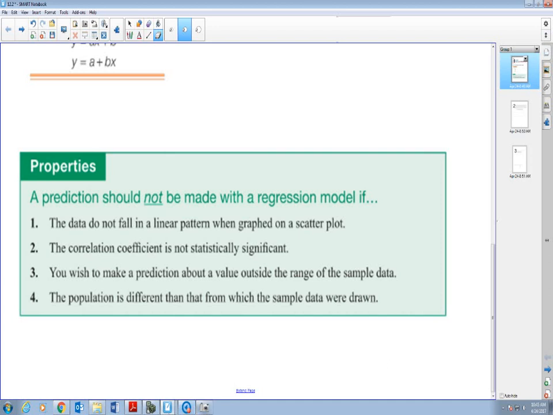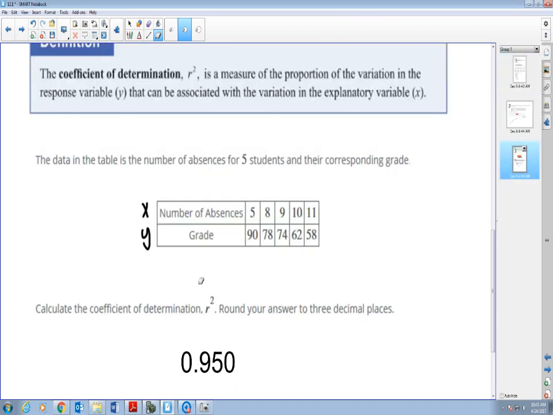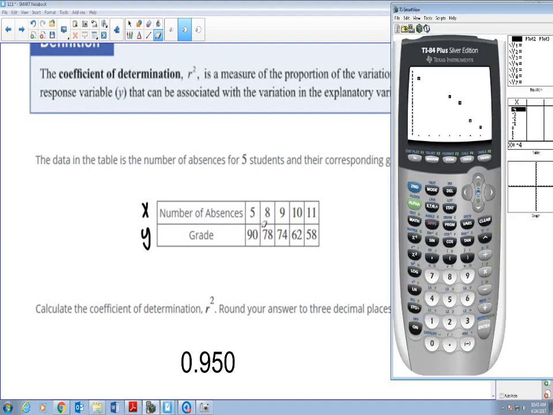For example, if we go back to this problem, and say, well, I wonder what happened with 7 absences. What grade would they get based on the data we collected? So if I come back to my home screen here, linear regression, y equal to ax plus b.